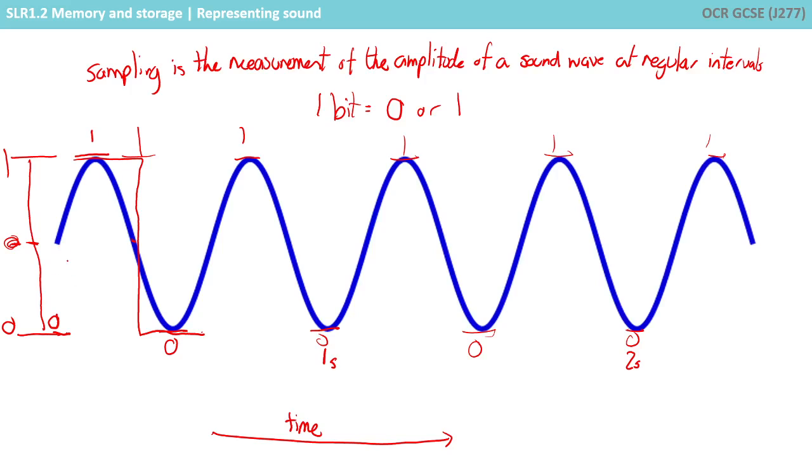So what you'd have to do then is increase our resolution, in other words our bit depth, and introduce another bit. So we could do 2 bits. By having 2 bits, you could have 00, 01, 10, or 11. You could have 4 places to measure.